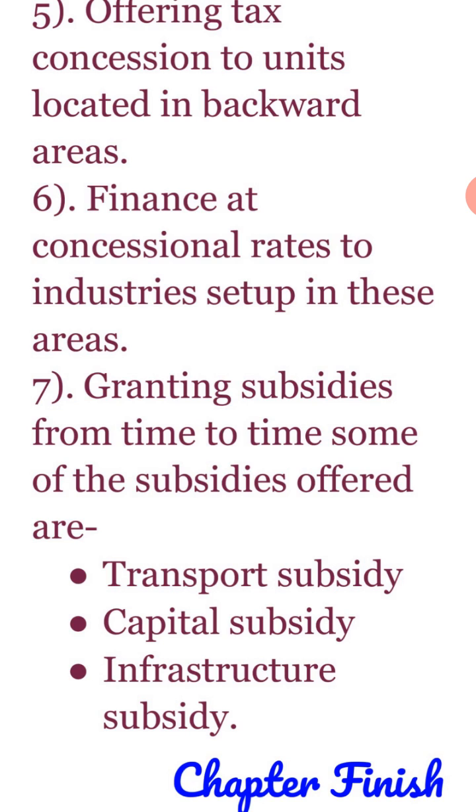Next, finance at concessional rates to industries set up in these areas. Whatever the finance rate is going on, finance is provided at a concessional rate to the industries that have been established in the rural area. And the last one, granting subsidies from time to time. Some of the subsidies offered are provided. What are the subsidies?